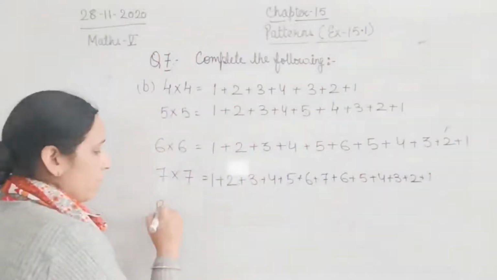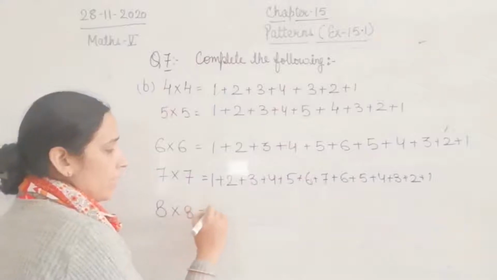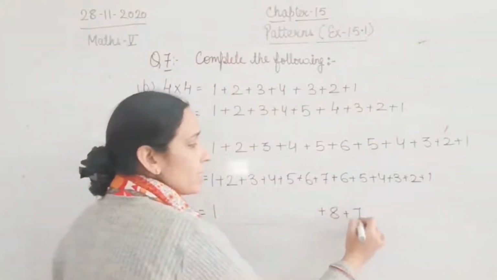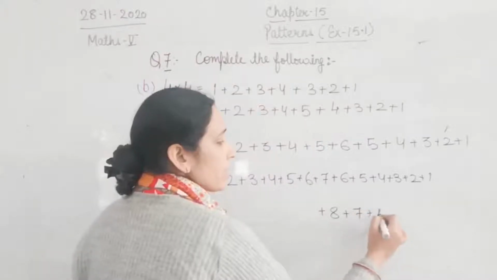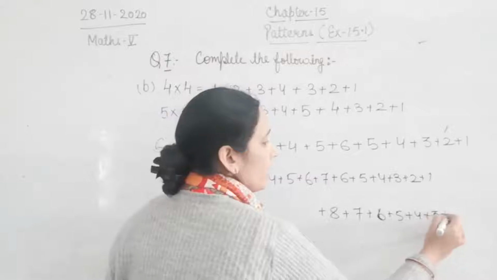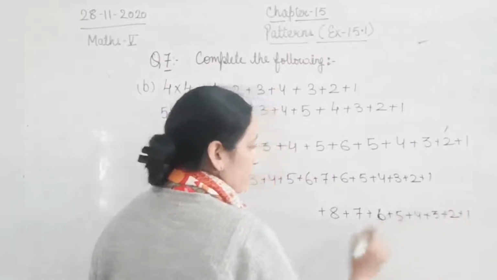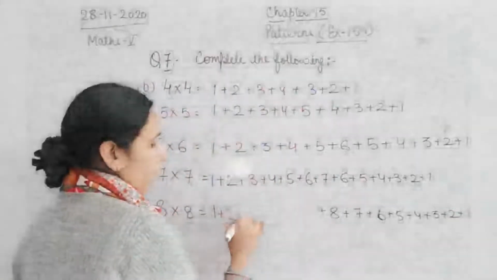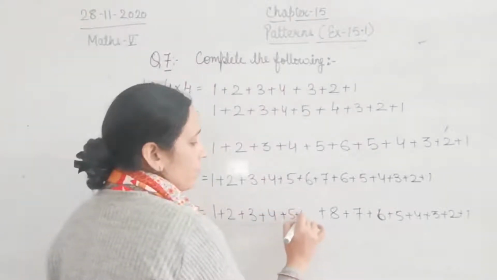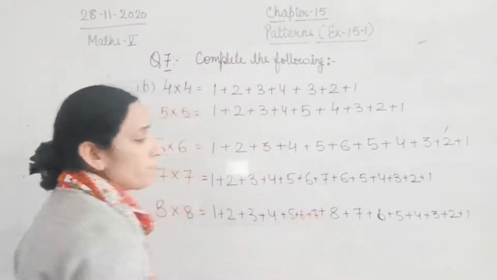Then next will be 8 into 8. Again 1 to 8, you have to write, then 7, 6, 5, 4, 3, 2 and 1.